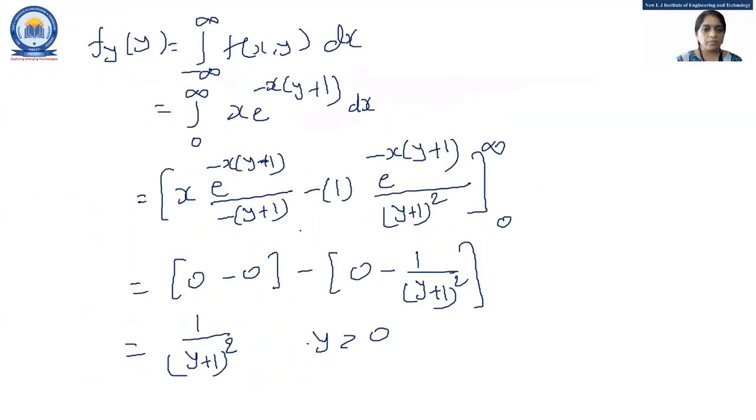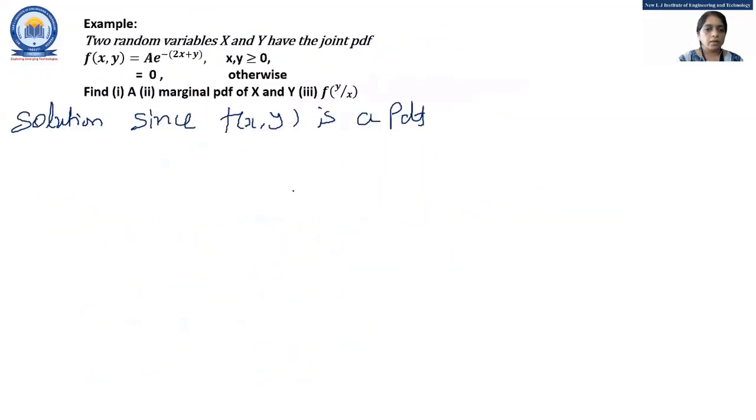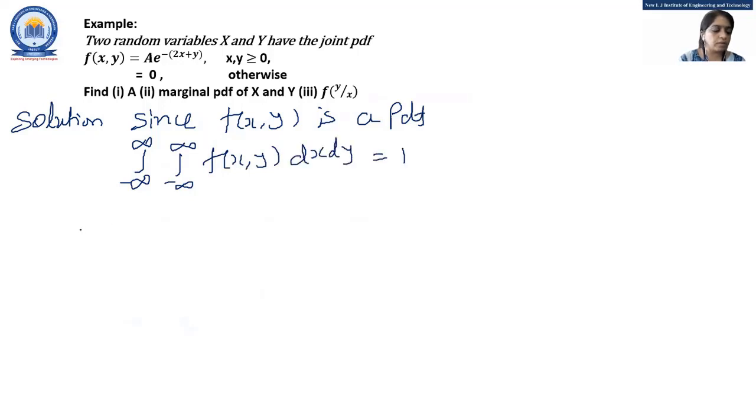So as f of xy is a PDF, it satisfies the property that the integral from minus infinity to infinity of f of xy dx dy is equal to 1, right?